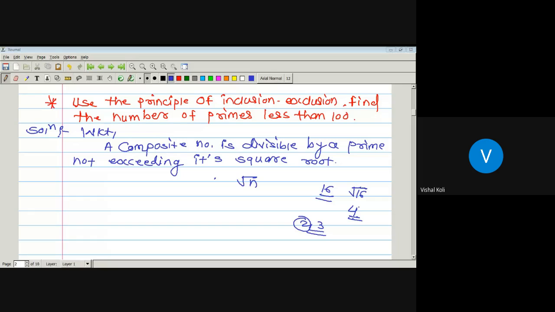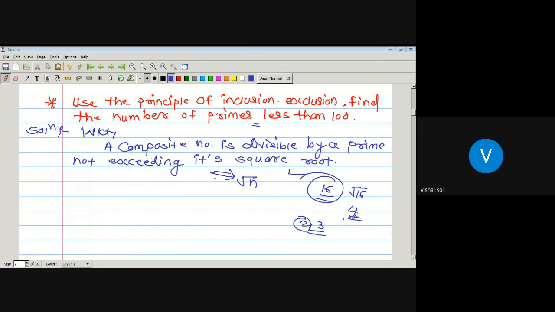But it is not divisible by any prime greater than 4. The primes greater than 4 are 5, 7, 11 and 13, up to 16. 16 is not divisible by 5, also not divisible by 7, same for 11 and 13. So we just have to use this result for solving this one.